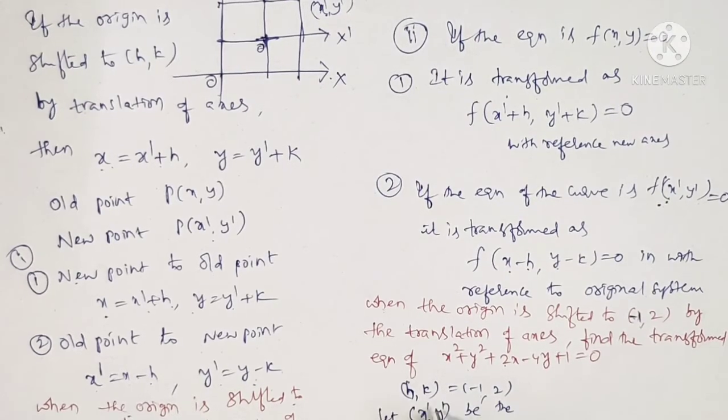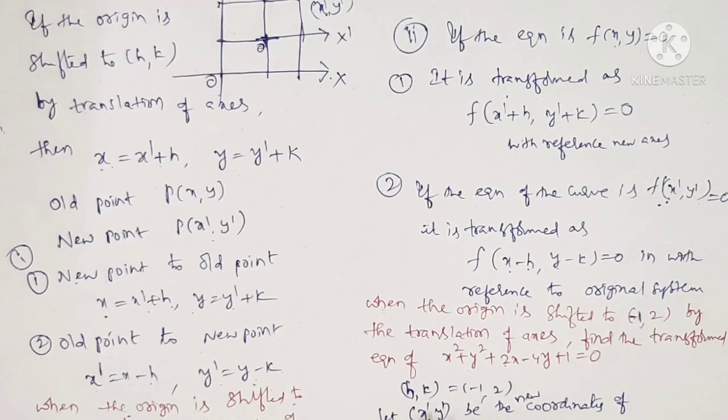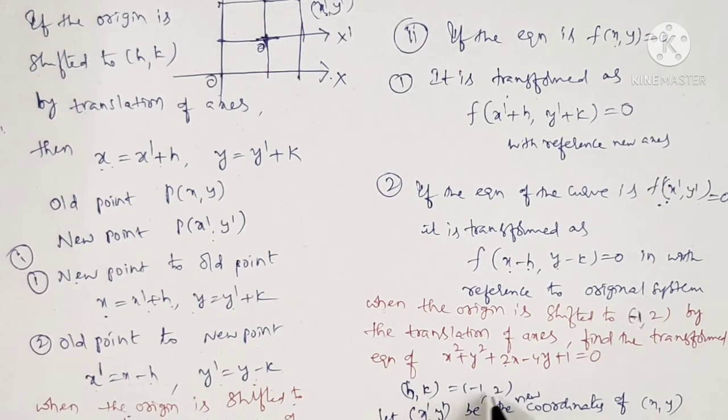Now let x dash comma y dash be the new coordinates of the point x comma y. Here h comma k is equal to -1, 2.